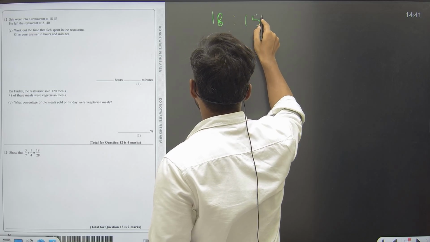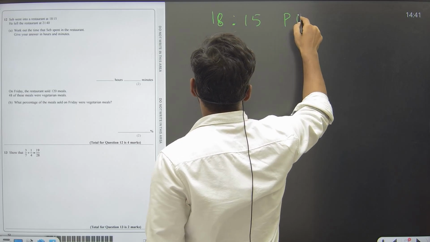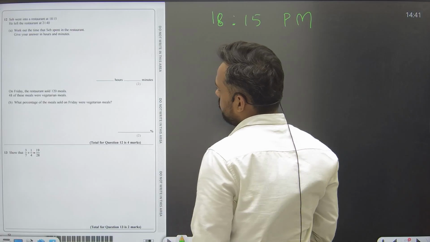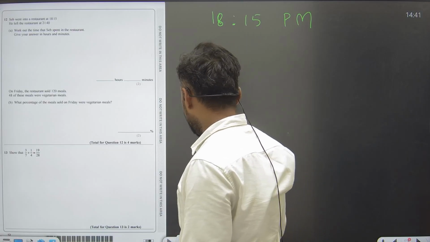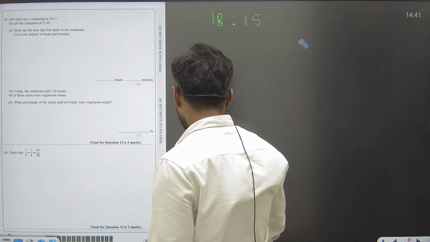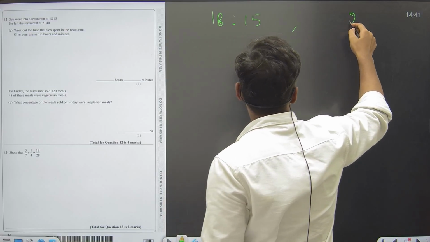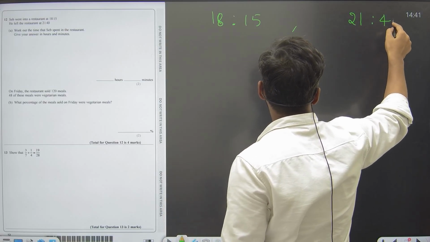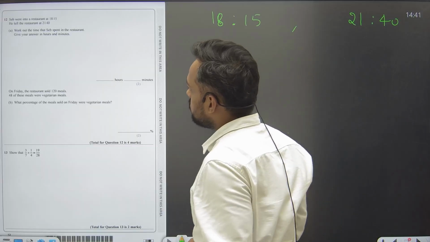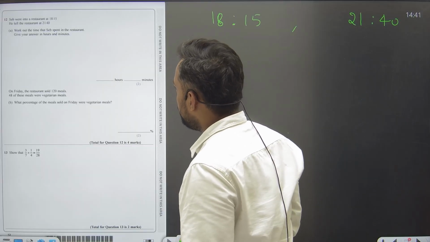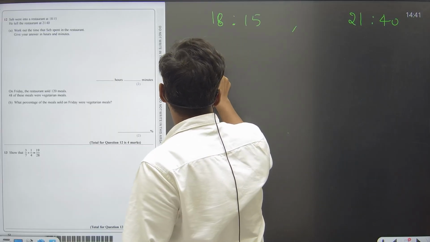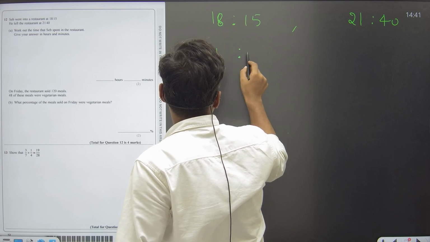That is PM obviously, but we need not write it because it is a 24-hour system. And he left the restaurant at 21:40. So what is the time duration that Seb spent in the restaurant? So we just need to subtract these values.